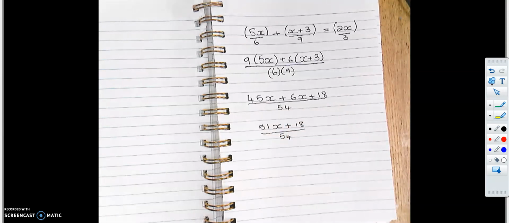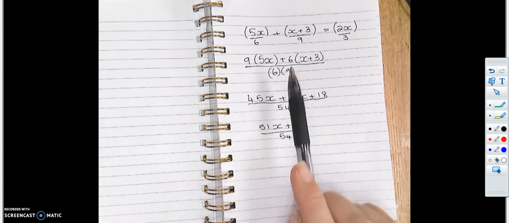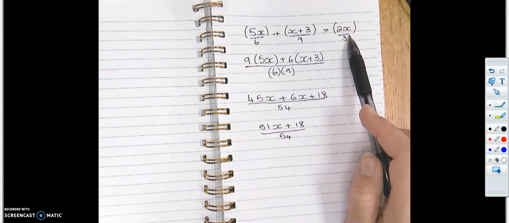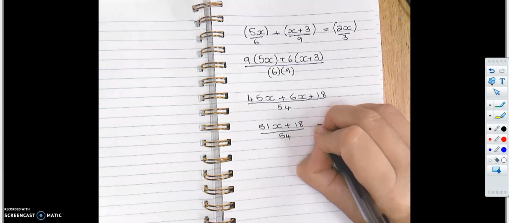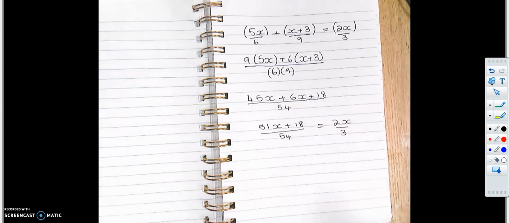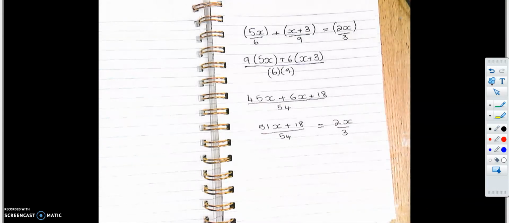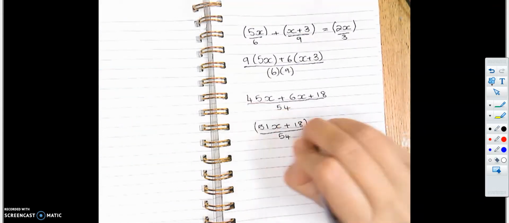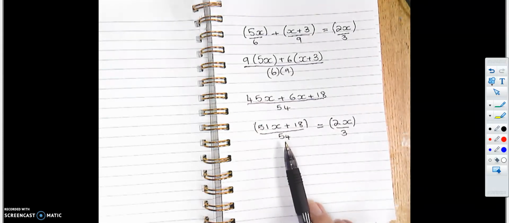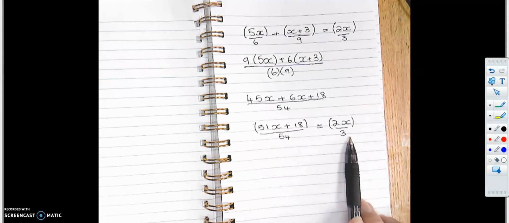Okay, so now we have written this side as a single fraction. We haven't done anything to this side yet, so we write down our equal sign and we bring it down. Again, imagine brackets around your numerators. So now we have a single fraction equal to a single fraction.